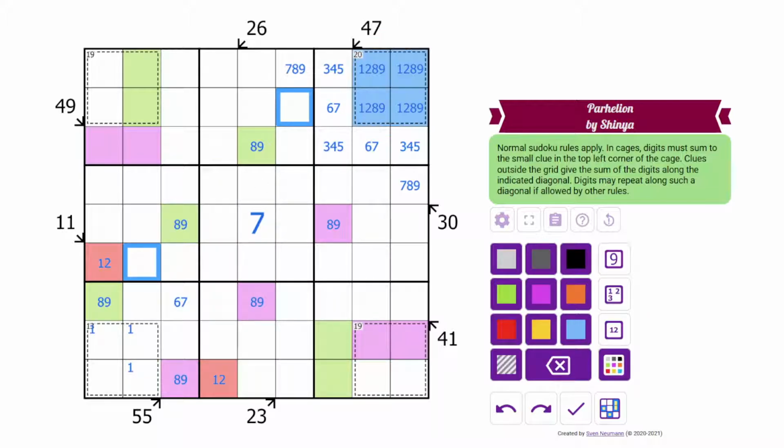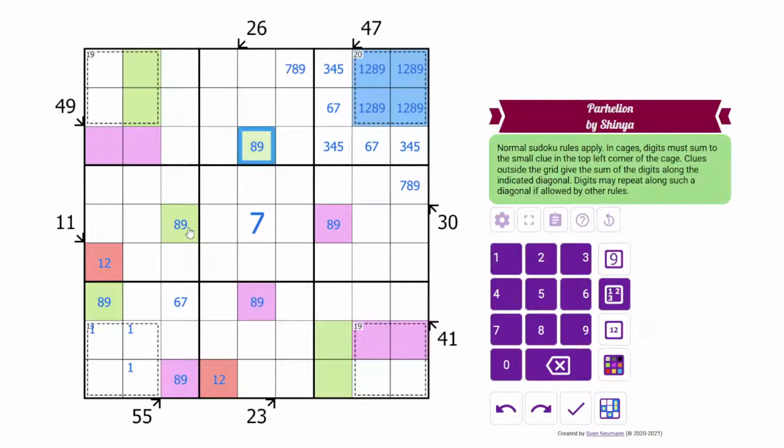These can only be 7, which means that has to be a 1. So that would imply that all of these are 9s. These are both purples. That's a 1, which means that's a 2, which means that's a 1.